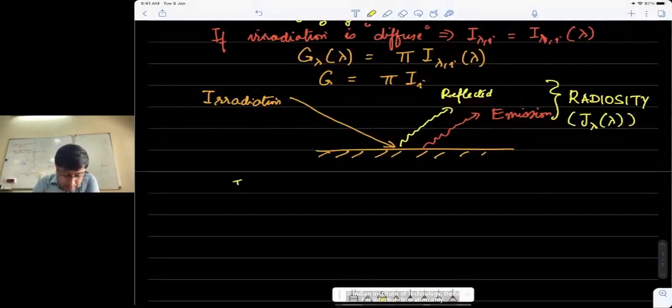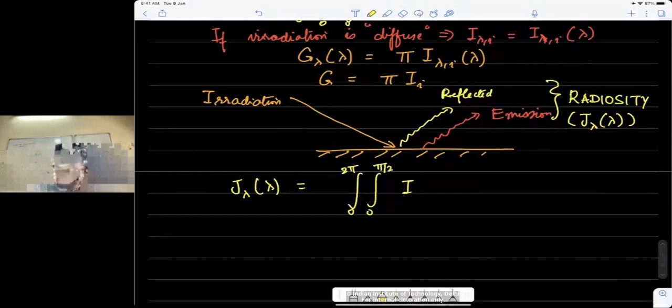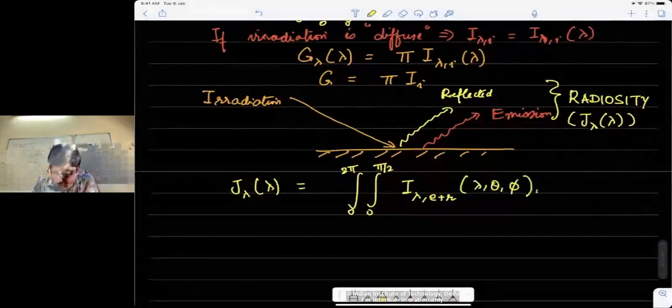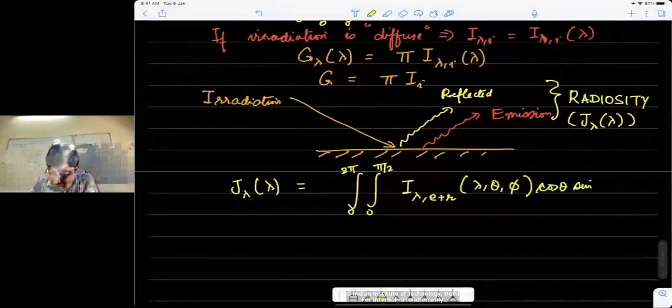So J lambda could be written as the directional sum, 0 to 2 pi, 0 to pi by 2, of all the radiation emitted plus reflected. So we can say it's the intensity of emitted plus reflected radiation as a function of lambda, theta, phi, cosine theta sine theta d theta d phi.